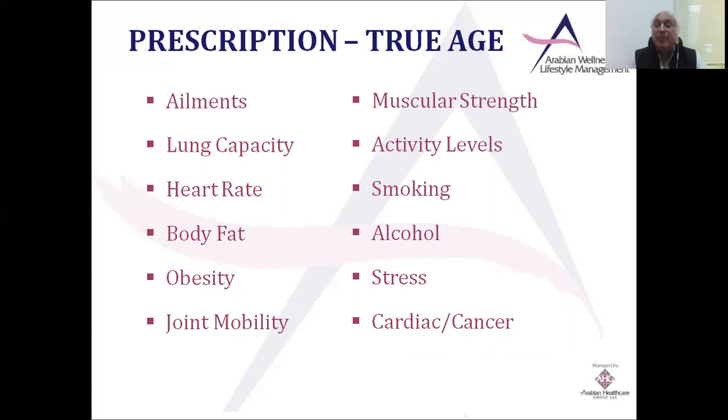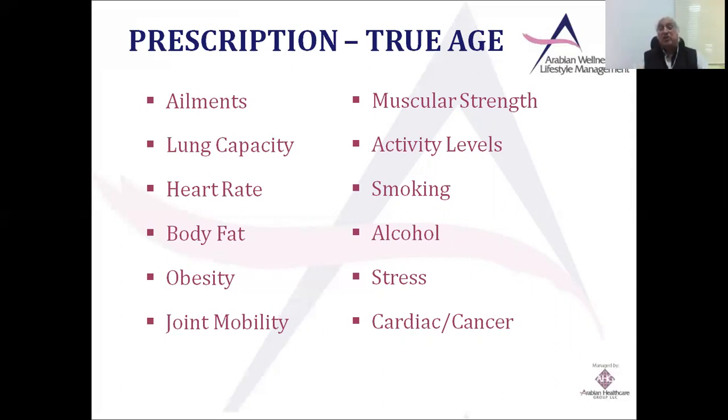If you treat your body badly, it will behave as if it is aged. If you treat your body well, then you get younger as you age and not older. So this is true age. And in order to do that, we evaluate your ailment status.